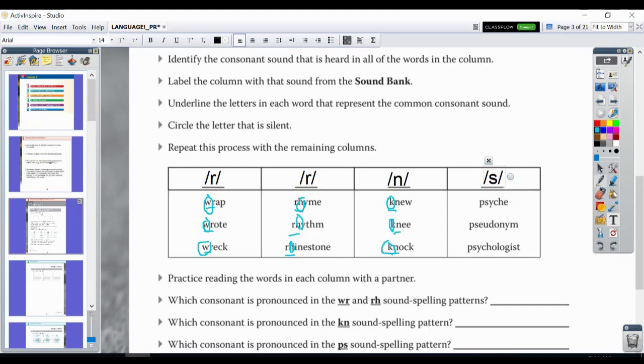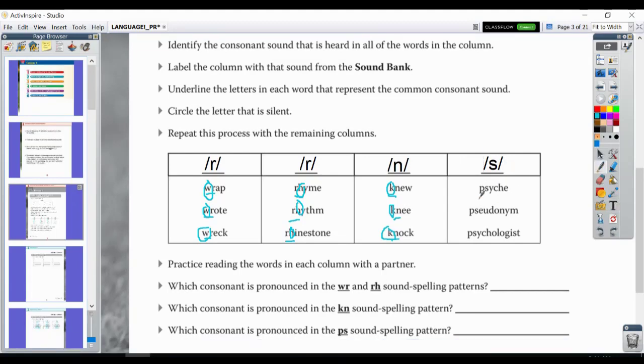And we're going to underline the letters that they all have in common. This P, that doesn't look very good, huh? PS, PS, and PS. Now, there's a silent consonant there. We don't say p-syche or p-sychologist. It would be incorrect. So we're going to circle the P in all of them. Nice work.